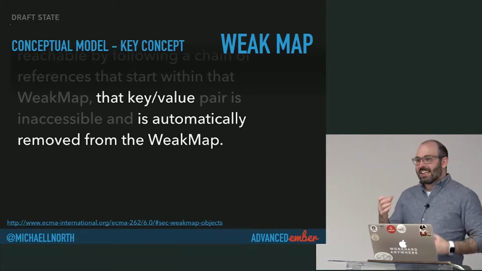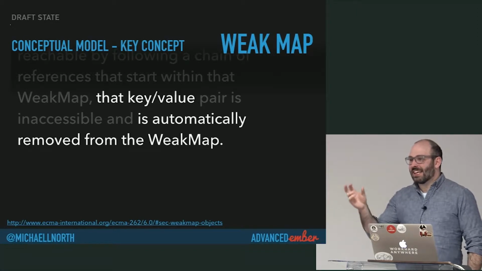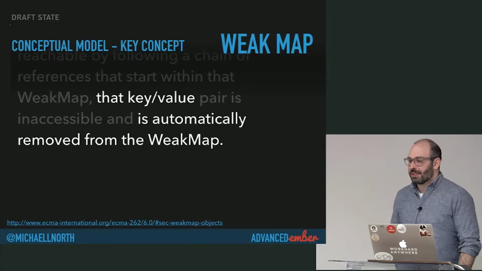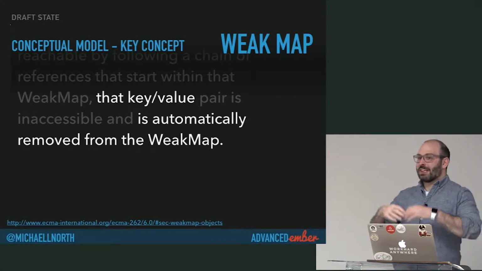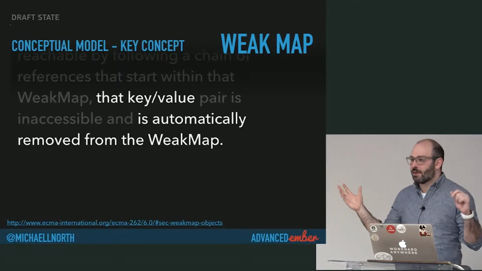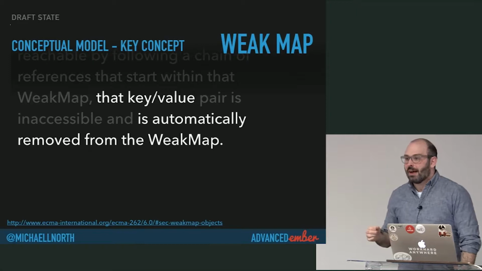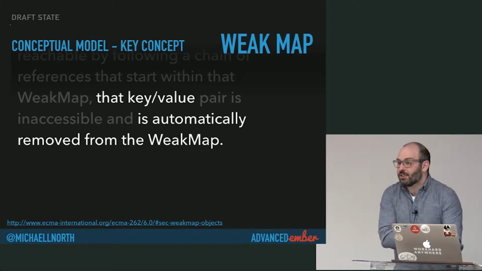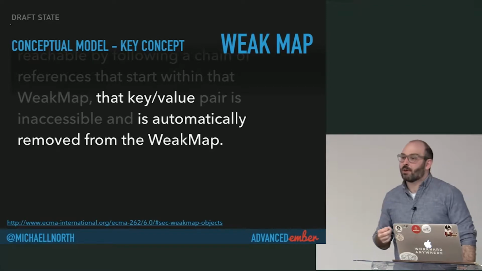It's the ability to get access to something without necessarily holding on to it and preventing it from being garbage collected. And so what this means is when we evict persistent records from memory, when we unload something from the Ember data store, for example, all of the draft state associated with that is eligible for garbage collection, just like that record we just removed from the store.